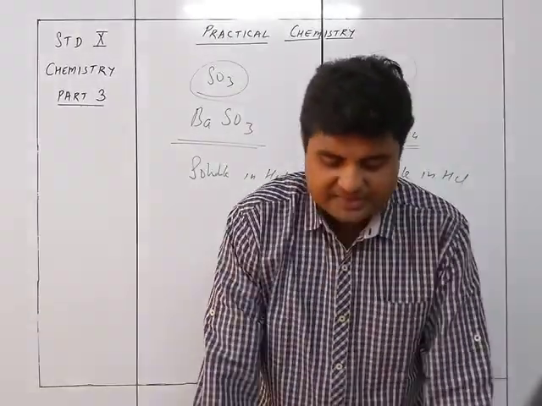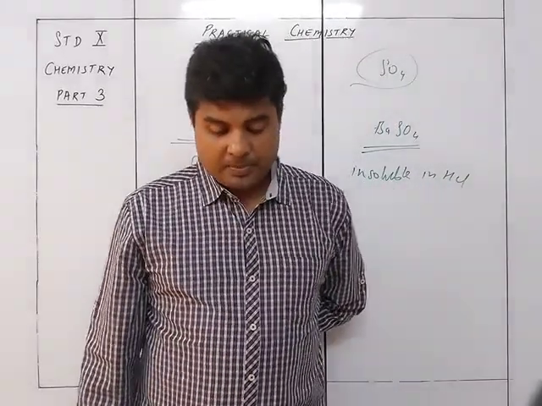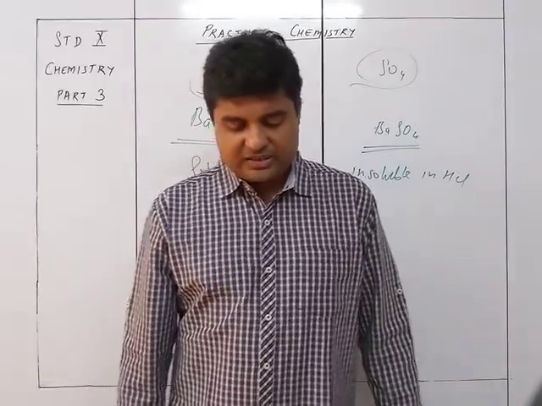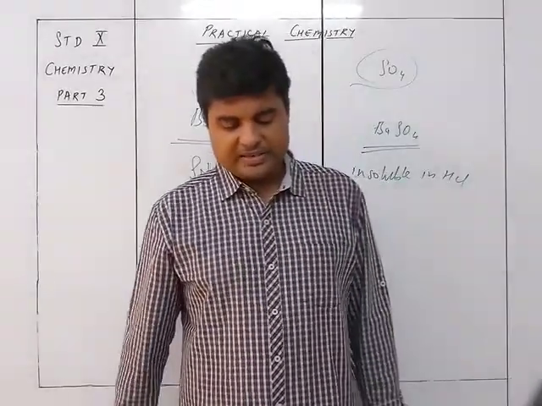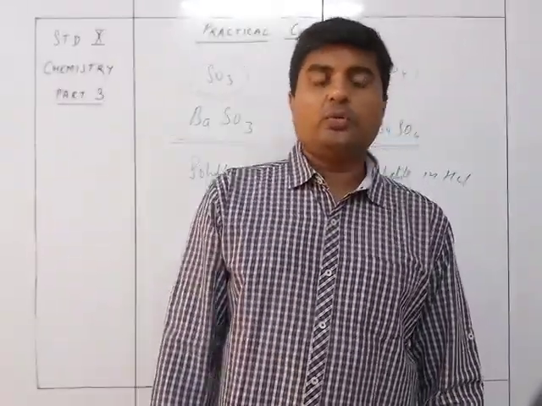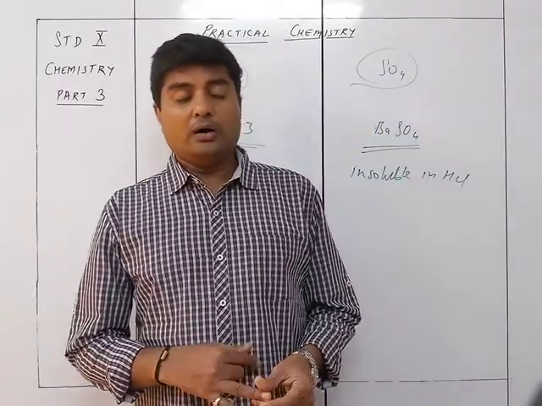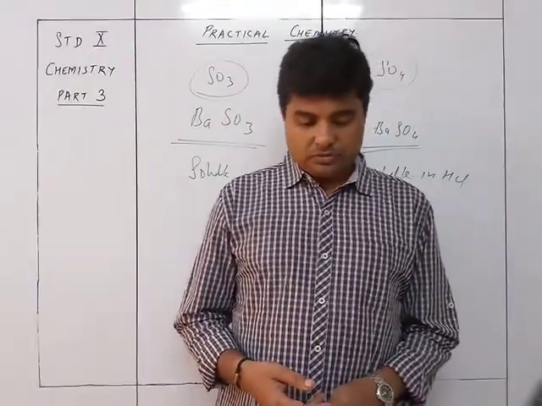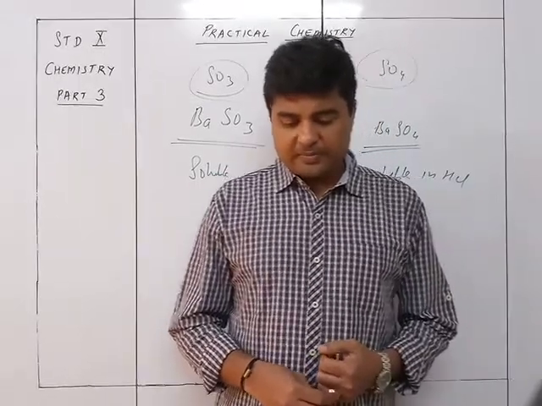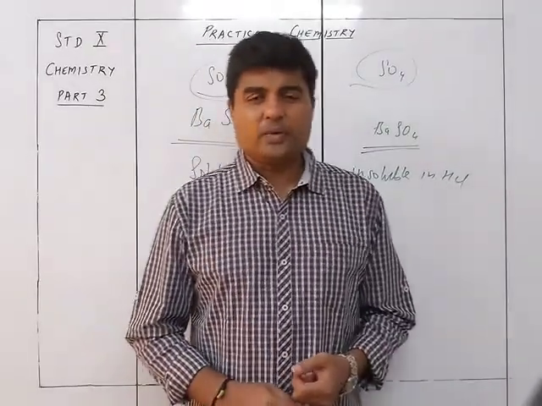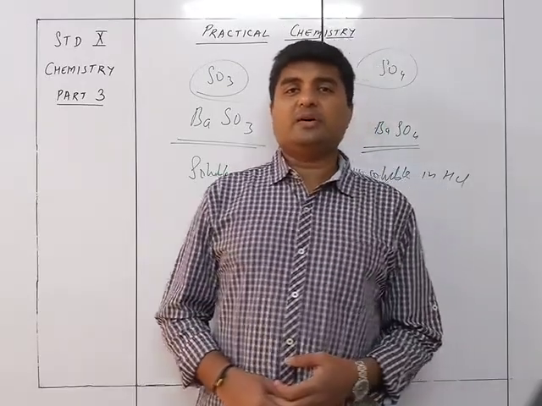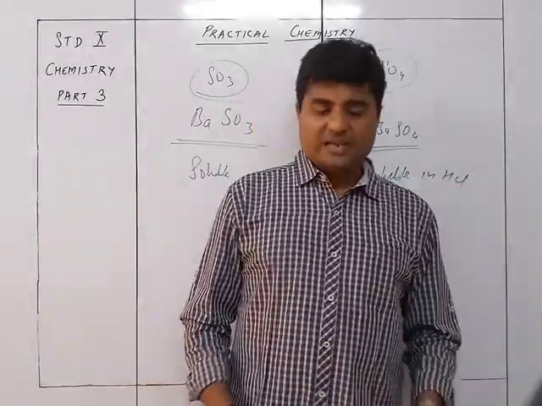So AgNO3 plus HCl will give you AgCl, a white precipitate, plus HNO3, and AgCl plus NH4OH will give you Ag(NH3)2Cl plus 2H2O. So the formation of the white precipitate when AgNO3 reacts with the gas is the identification of HCl gas.